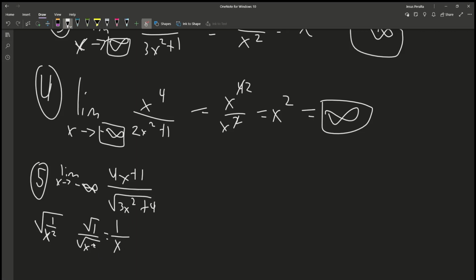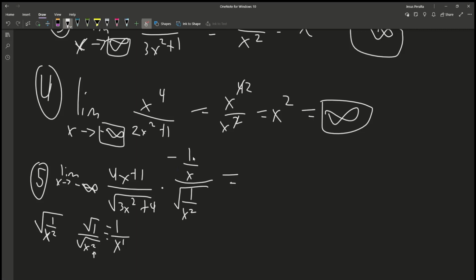So this went from an even exponent to an odd one, and when it goes from even to odd, we plug in a negative right here. So you're going to multiply the bottom by the square root of 1 over x squared, over 1 over x. So from here, negative, I almost forgot that. So then we are going to multiply.